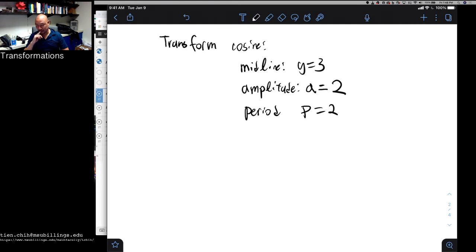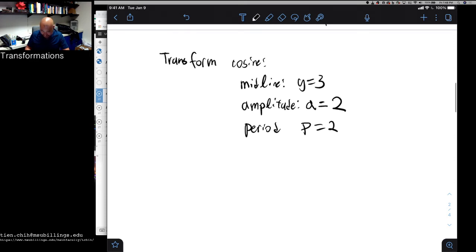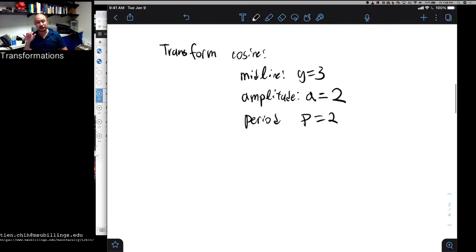We'll just leave it at that. I think that's a good problem. So let's see what transformations are necessary in order to achieve a transformation of cosine that would have these properties.